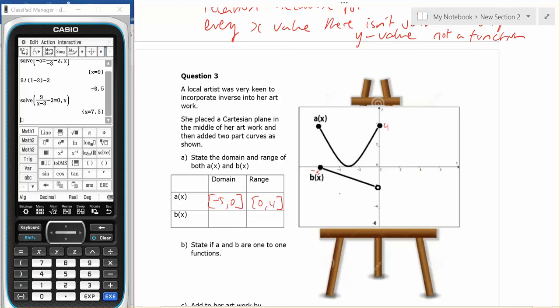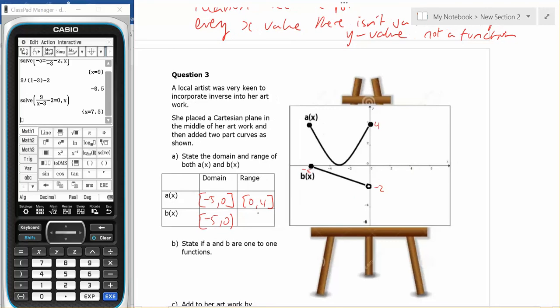Okay, for B of x, the domain is -5. Now, notice there's an open circle there, so it doesn't include 0, so it has to be a round bracket. The range would be from, that's -2 to 0. Well, not including -2, -2 to 0, including 0.